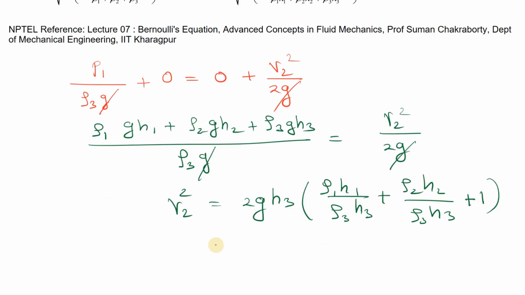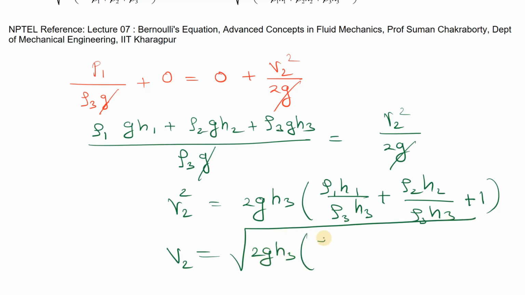Now V2 will be the square root of 2G H3 times rho 1 H1 upon rho 3 H3 plus rho 2 H2 upon rho 3 H3 plus 1.